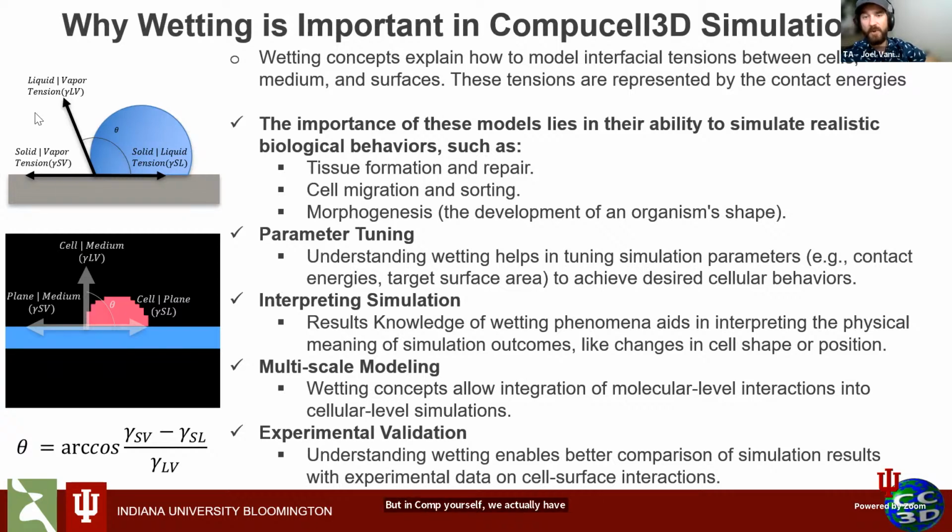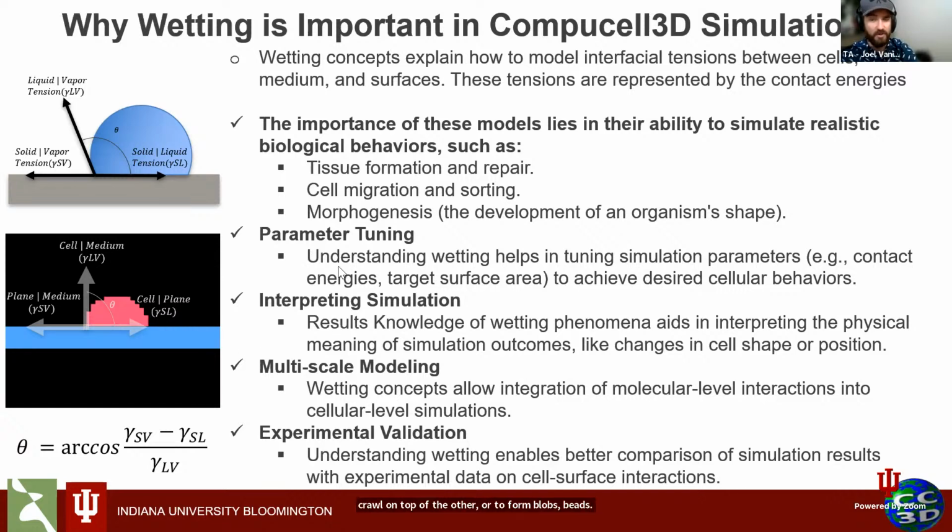So the equivalent, and I'm even using the same language over here, is cell-medium contact energies, plane and medium contact energies, and cell and plane, or cell and substrate, contact energy. When we learn how these three come together, we can definitely understand a little bit better what we have to do in case we need a cell to crawl on top of another or to form blobs, beads, and things of that nature.